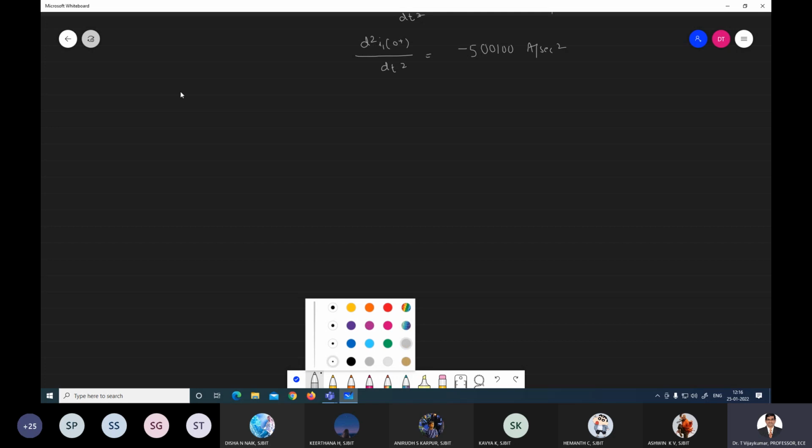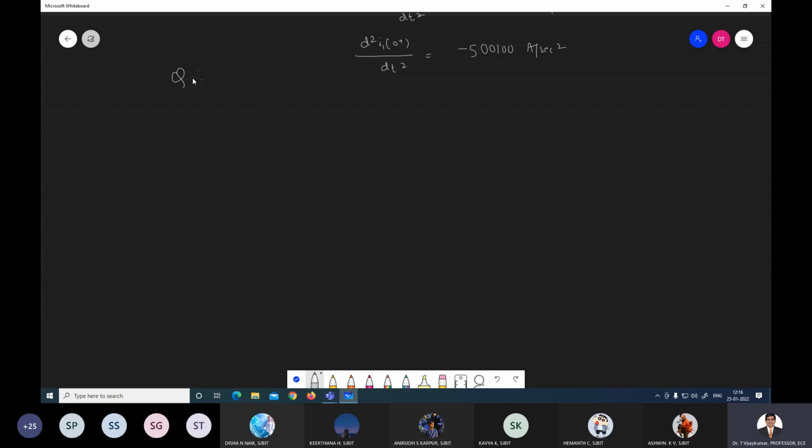Next question, you note down. Explain the behavior of RLC elements at the time of switching at t is equal to 0, both at t is equal to 0 plus and t is equal to infinity.